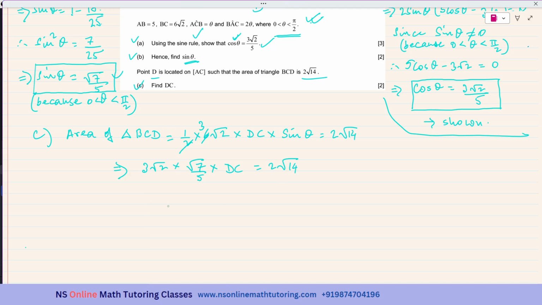So DC equal to, I am dividing both sides by 3 root 2, so it is 2 root 14 times 1 over 3 root 2, and I'm also dividing by root 7 over 5, that is I'm multiplying the entire equation by 5 over root 7.